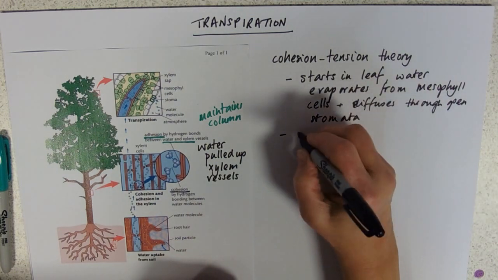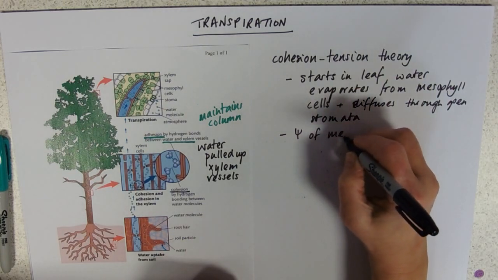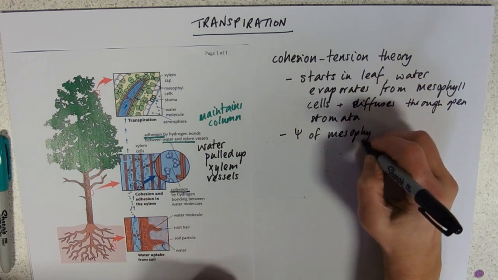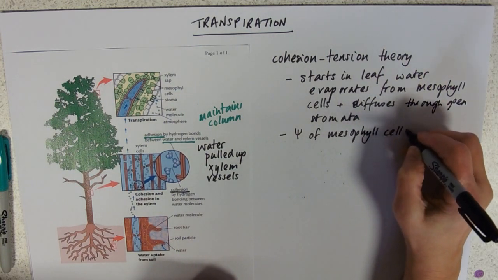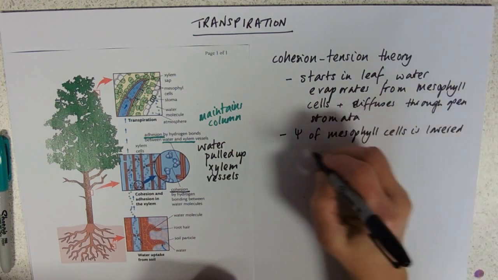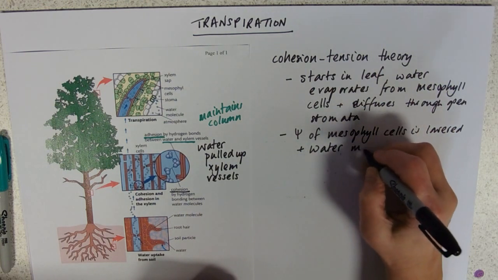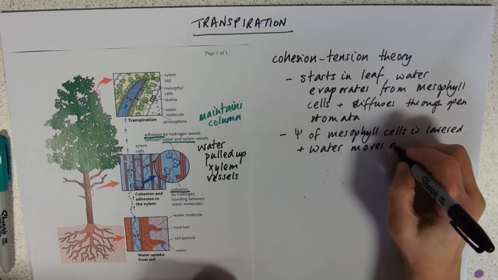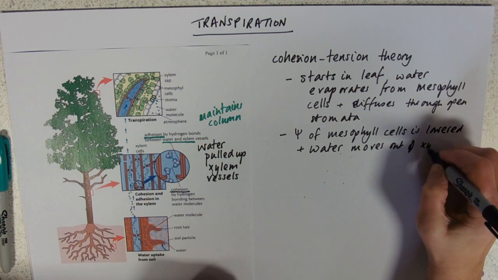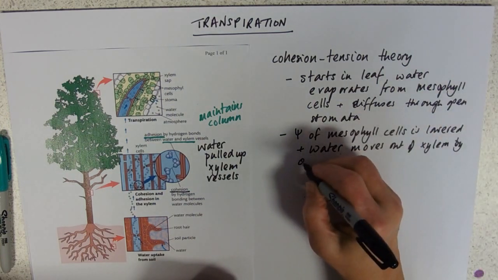Then we can say something about the water potential. Water potential of mesophyll cells lowers, and water moves out of xylem by osmosis.